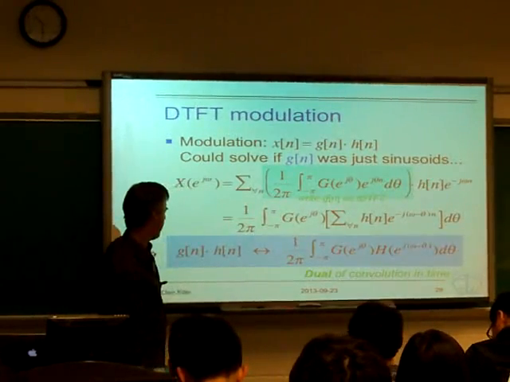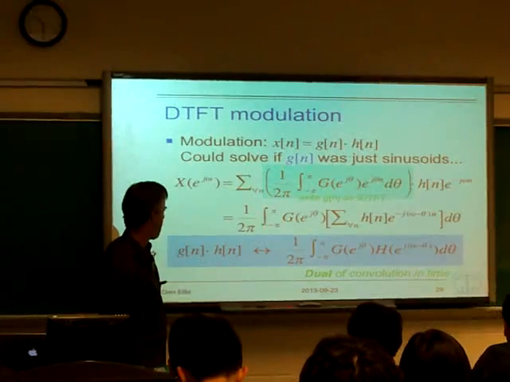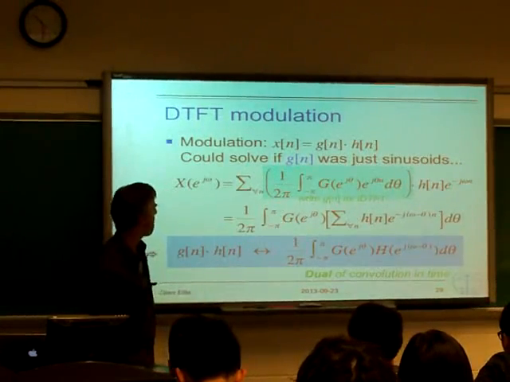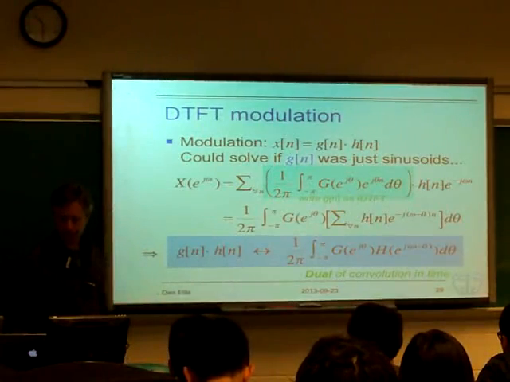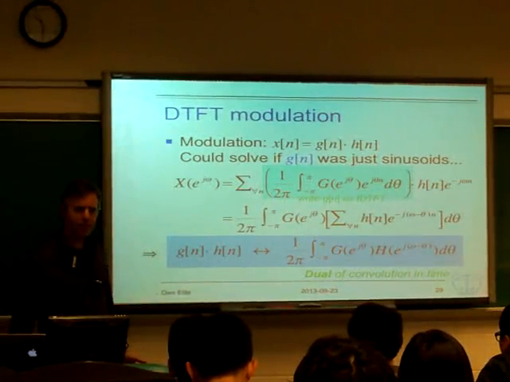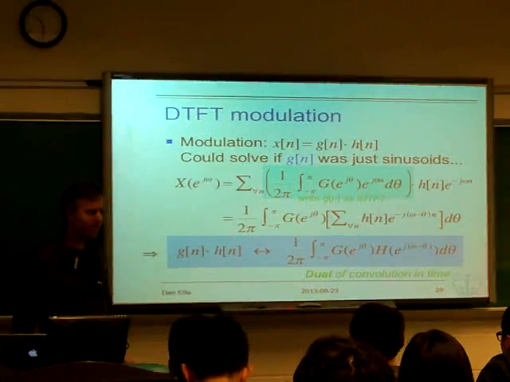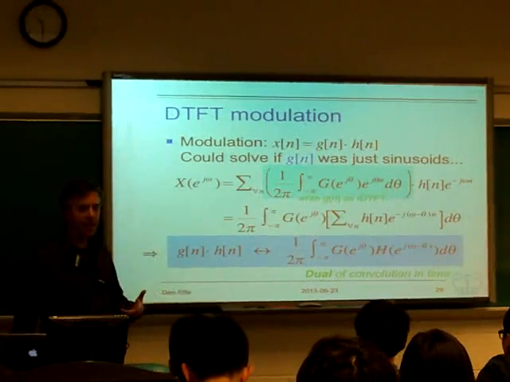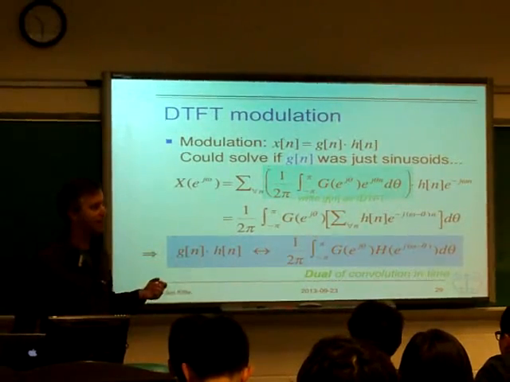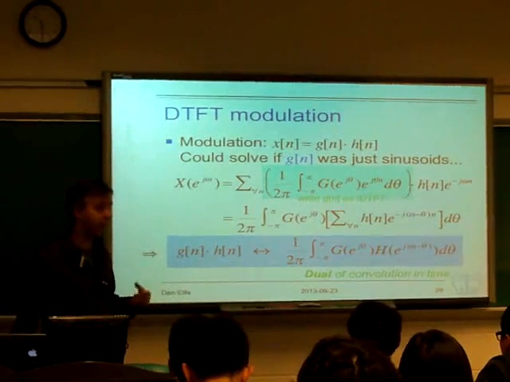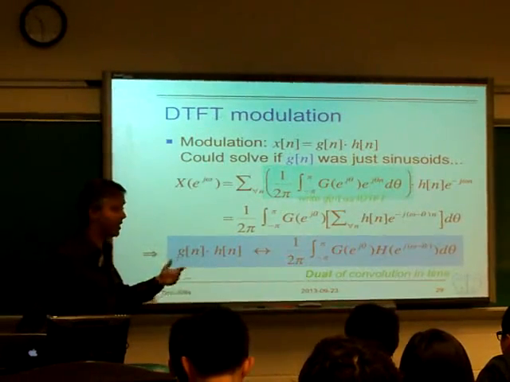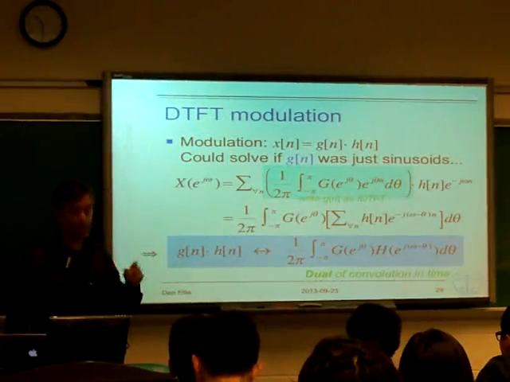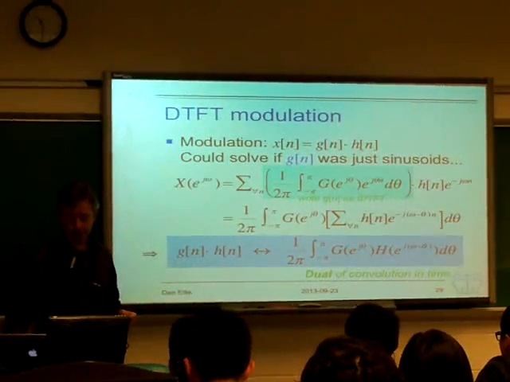Otherwise, I think it's pretty much the same. See how that works out? See what that means? So again, this is saying that there's precious little differentiation between the time domain representation and the frequency domain representation. They behave very similarly with respect to one another.